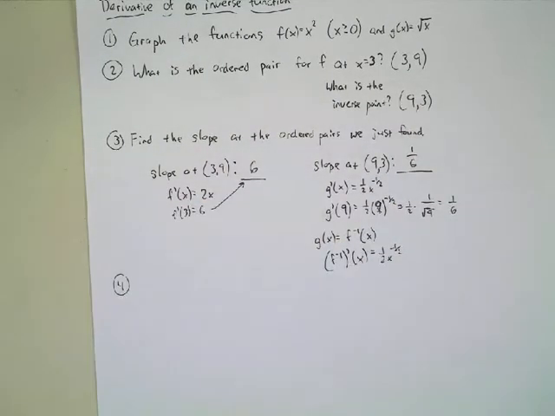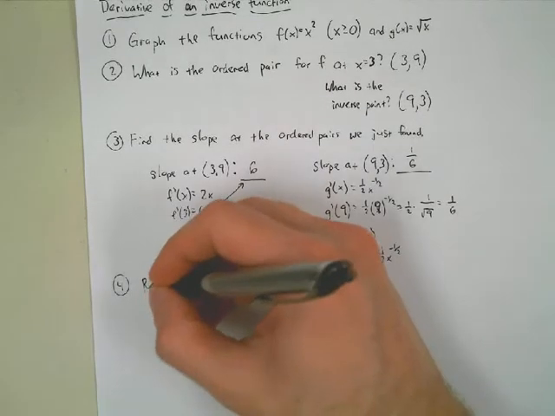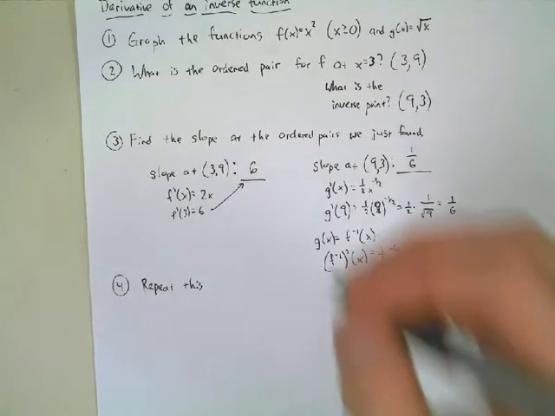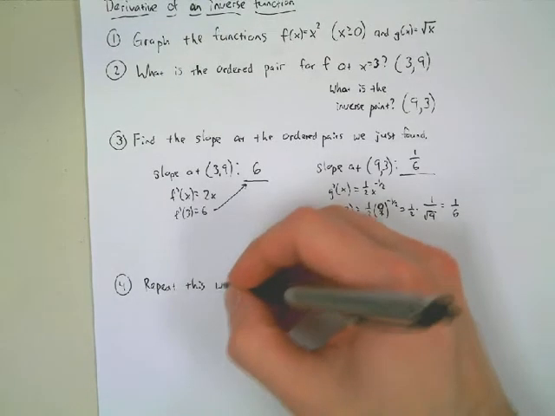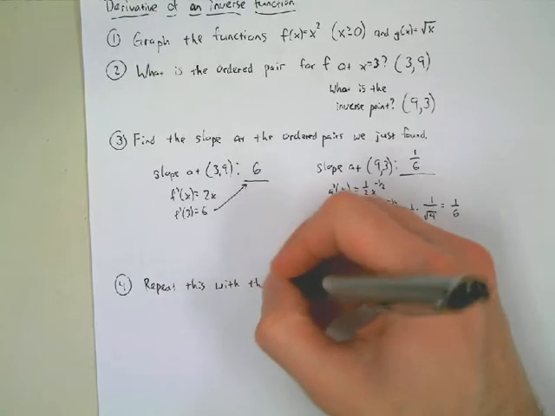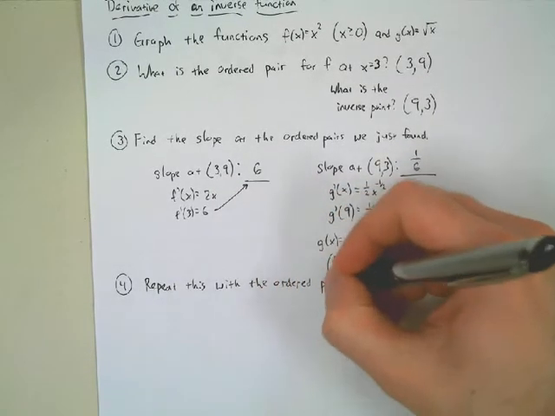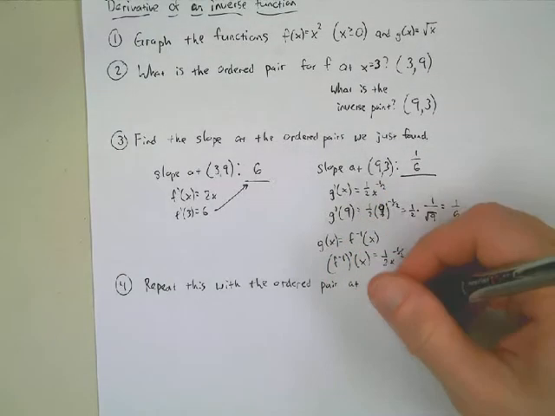Let's repeat this with the ordered pair at x equals 1.5.